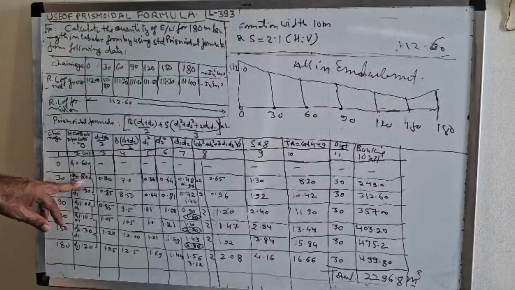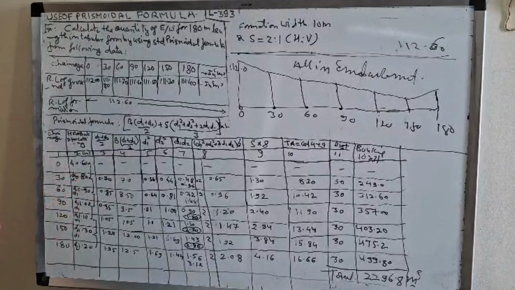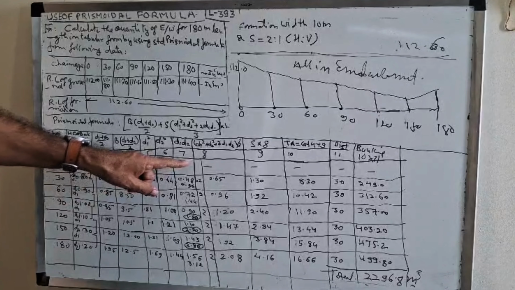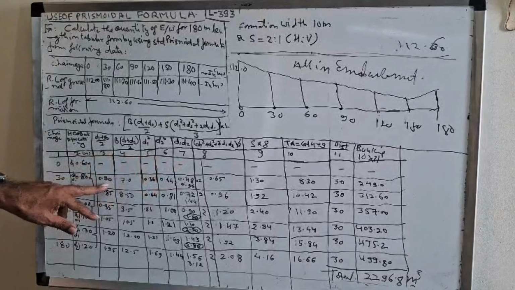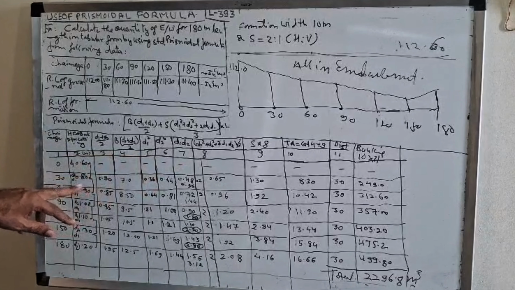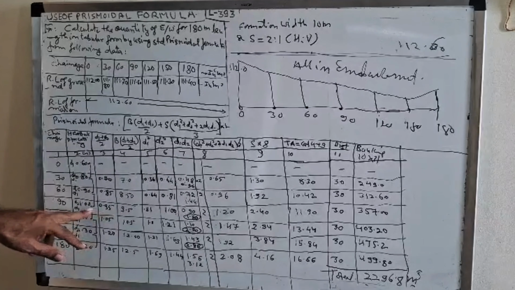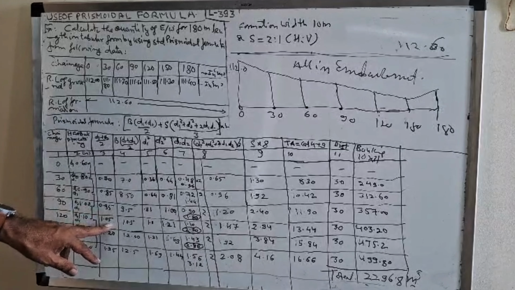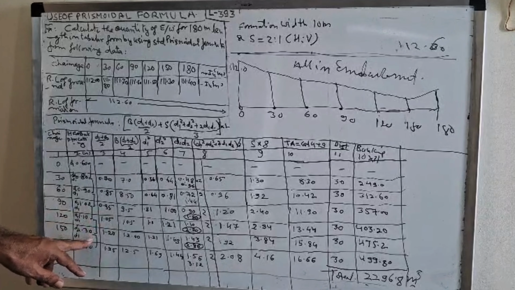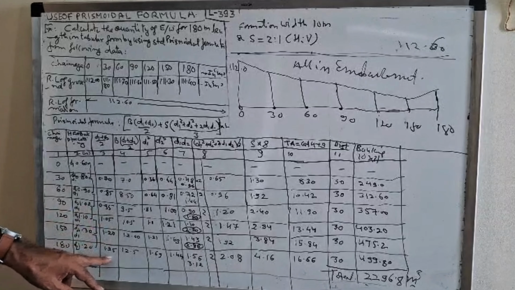For the next, this will be d1 and this will be d2. So (d1 plus d2) by 2 gives 0.7, 0.85, 0.95, 1.05, 1.2, 1.25.